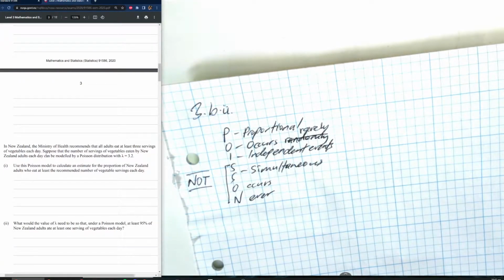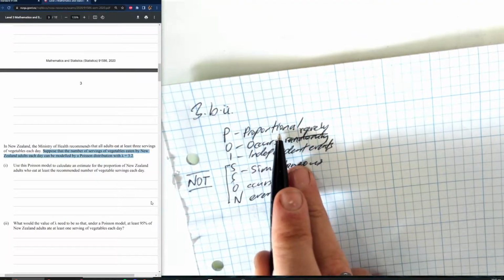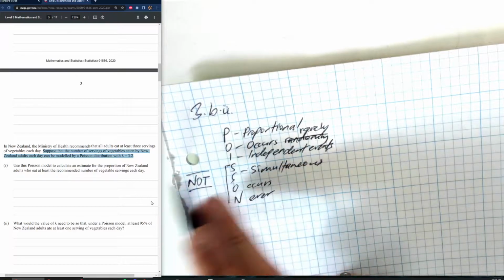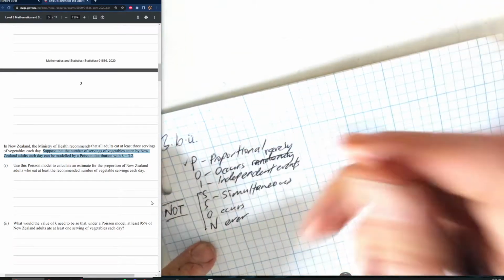The number of servings of vegetables eaten by New Zealand adults, modeled by Poisson. So this is what we're trying to critique here. We've got to think, is it proportional? If it was 2 adults, would it become 6.4? Proportional is actually kind of hard to critique here, so we'll have to move on from that.